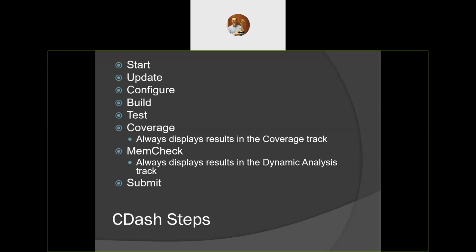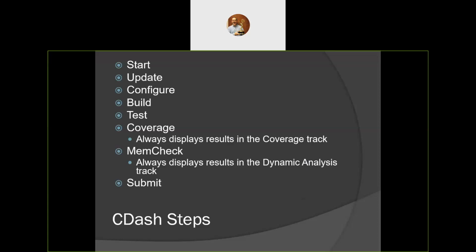So we've got address sanitizer, memory sanitizer, thread sanitizer, undefined behavior sanitizer. The coverage and memcheck steps are not enabled by default in a pipeline, but when they are run, they always display their results in a specially named track. It's the coverage track for the coverage analysis and the dynamic analysis track for the memcheck step.